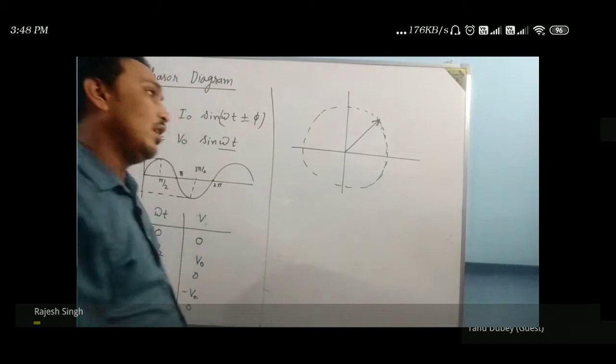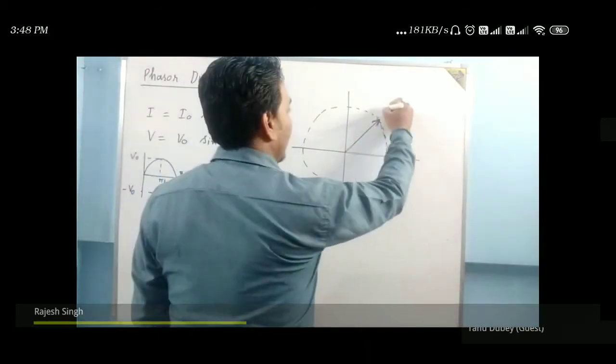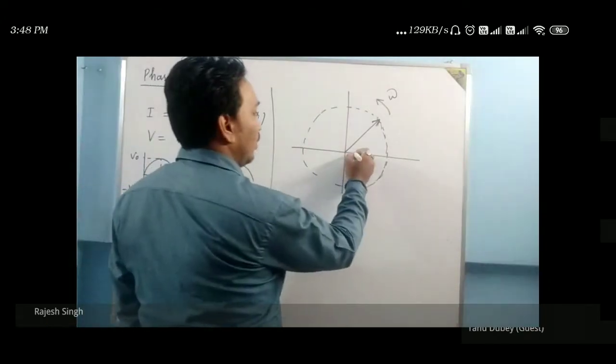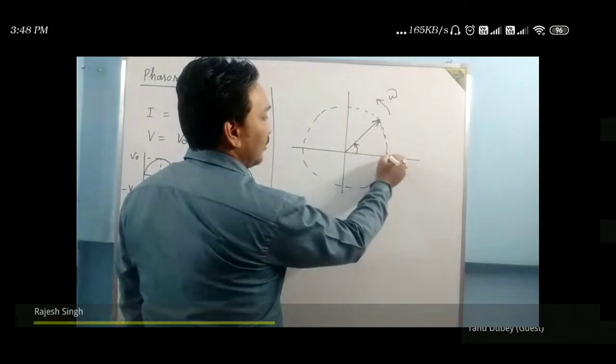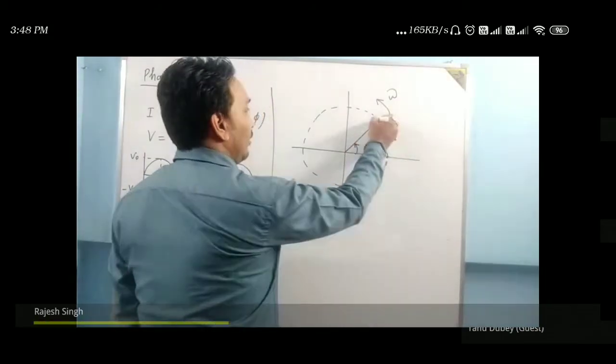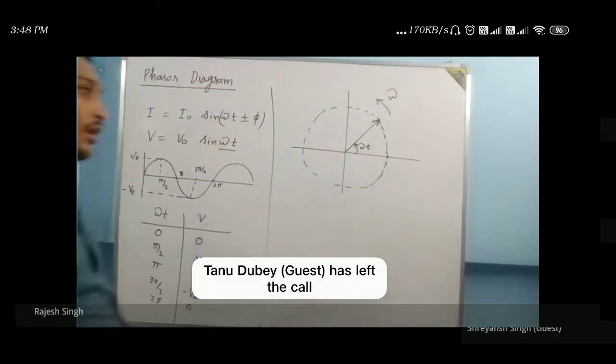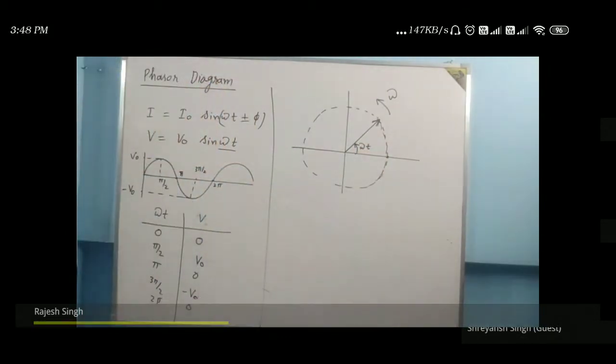It rotates with an angular velocity of omega. Suppose it starts from here; after time t it reaches over here, so this angle is going to be omega t.